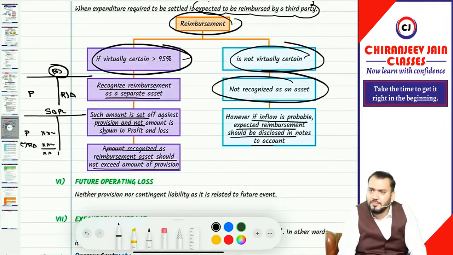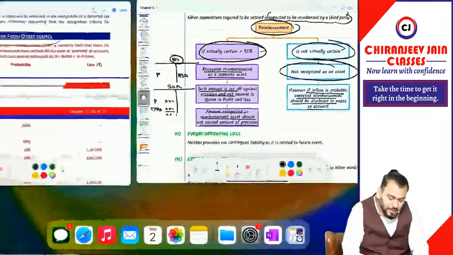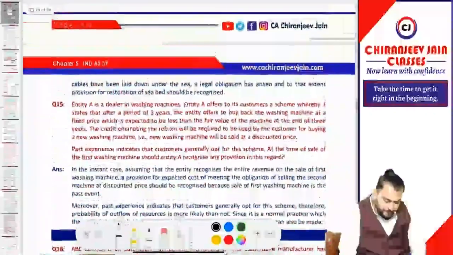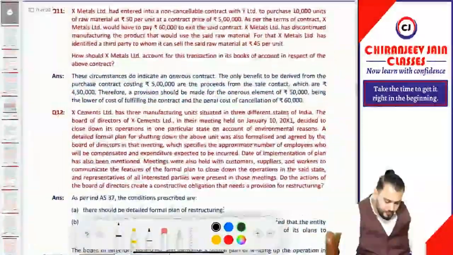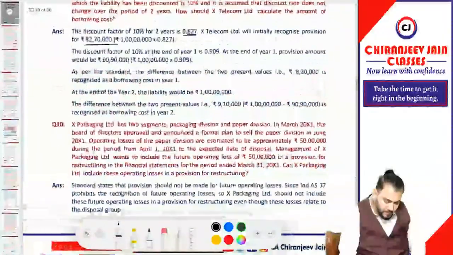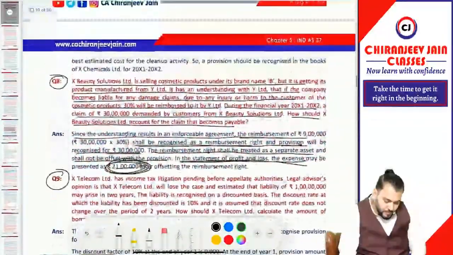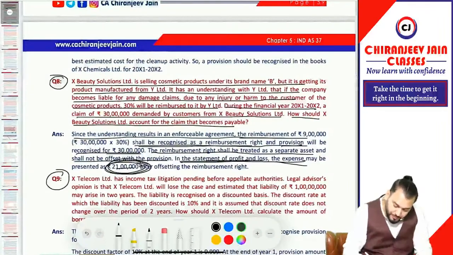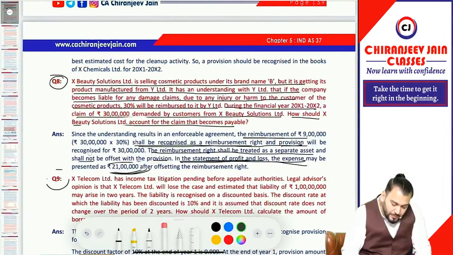Simple now. Let me take one question. Question number 8. What is given?